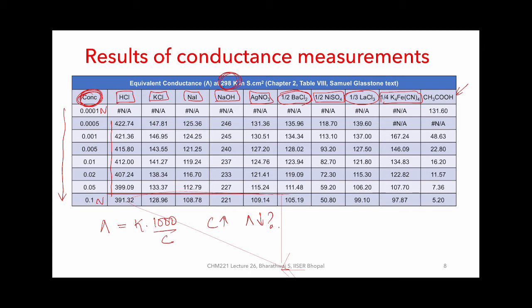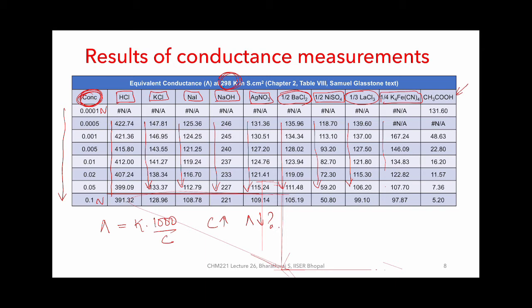Does this follow through for all the other systems as well? If you pay close attention, as you keep increasing the concentration, irrespective of which type of electrolyte you are using, you are seeing an overall reduction in equivalent conductance.